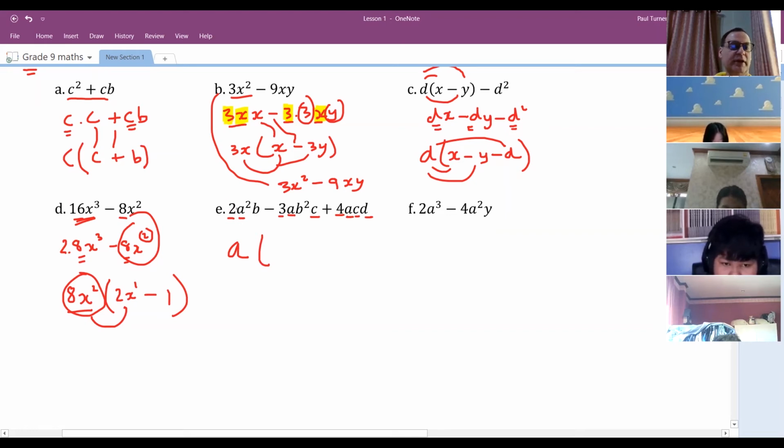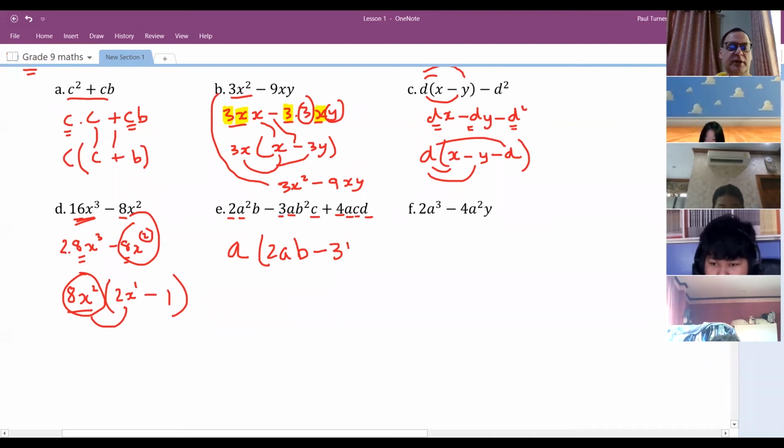Okay, so what are you left with? 2a. You took out an a, so this a squared will become a, because a times a is a squared. You are left with ab minus, the 3 didn't come out, that's not common, but you took the a out. So this a is already moved to the front, so that's gone.